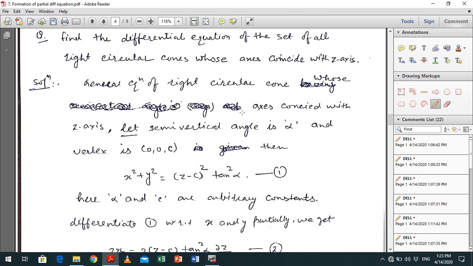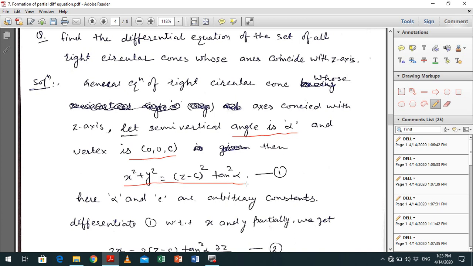Suppose the axis coincides with the z-axis, and let the semi-vertical angle be alpha and the vertex be 0, 0, c. So the general equation of a right circular cone is given by x square plus y square equals z minus c whole square tan square alpha.